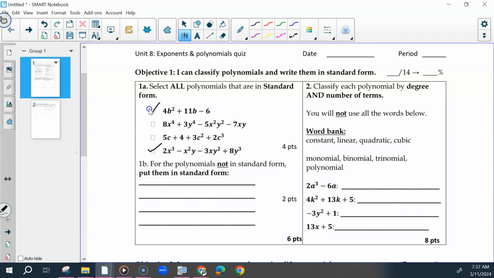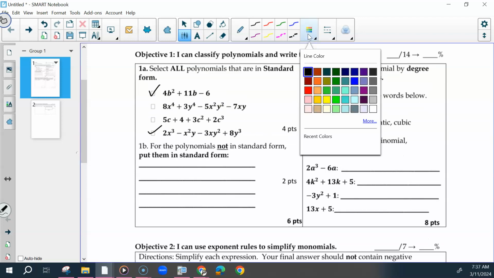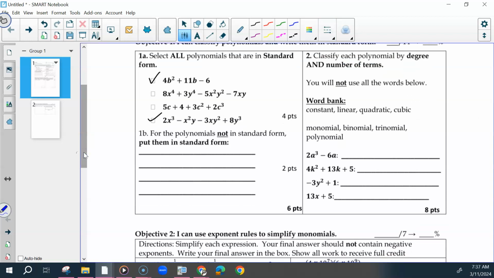And then these 2 wouldn't have been because the y would need to go at the end, the x's would need to come first, and the highest exponent would come first. So then when you fix those 2, for the middle one, it would be 8x to the 4th minus 5x squared y squared minus 7xy plus 3y to the 4th.